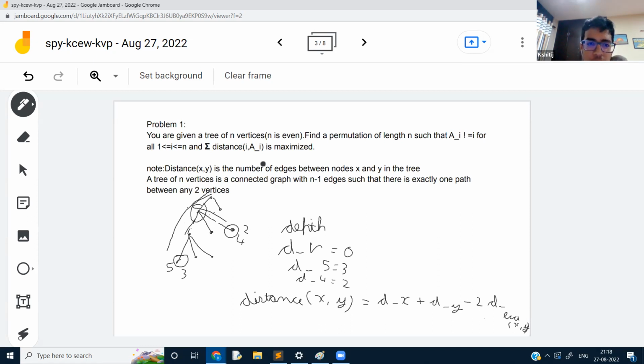And now the problem asks us to maximize the summation of distance between the ith node and the A_i node.